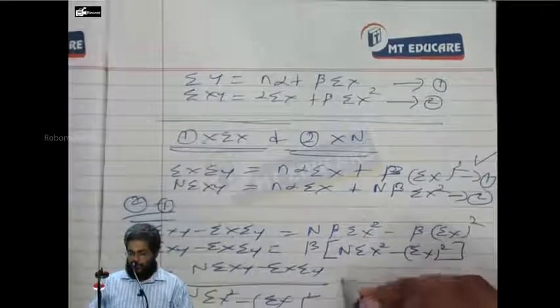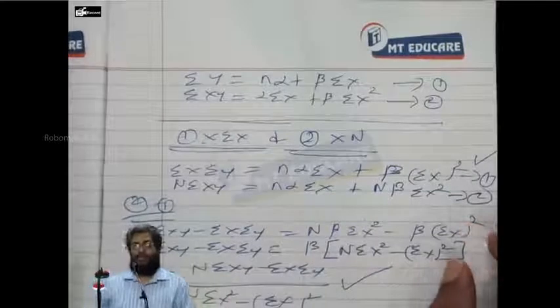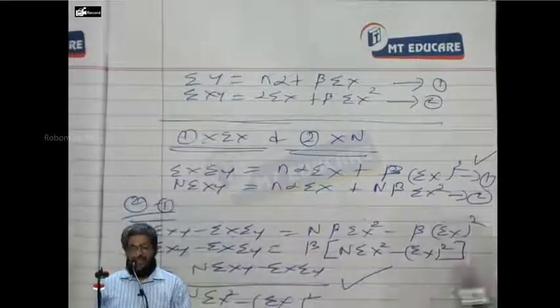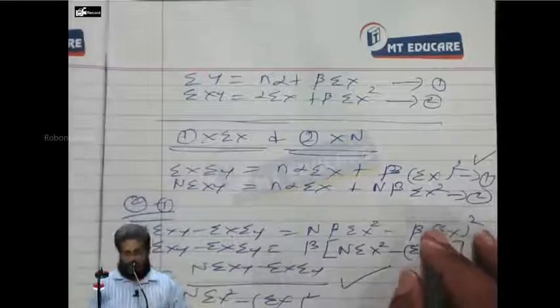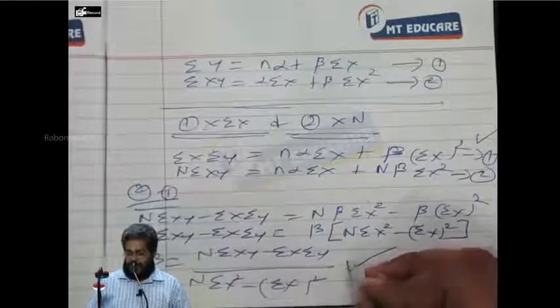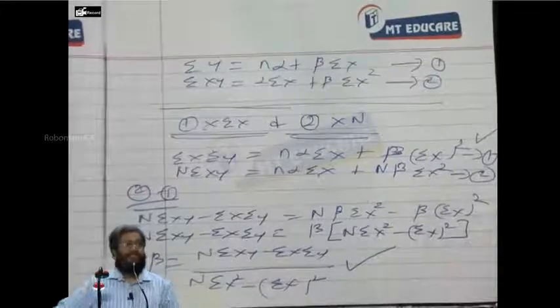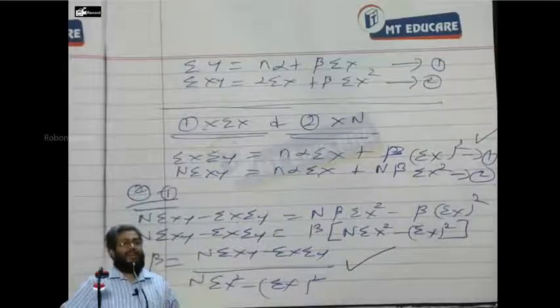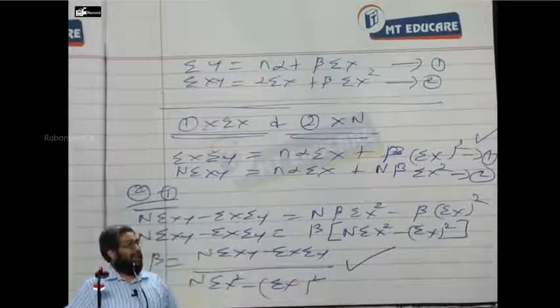Beta is equal to n sigma xy minus sigma x sigma y divided by n sigma x squared minus sigma x the whole square. That is how the beta should be calculated, from the remaining formula emerges.